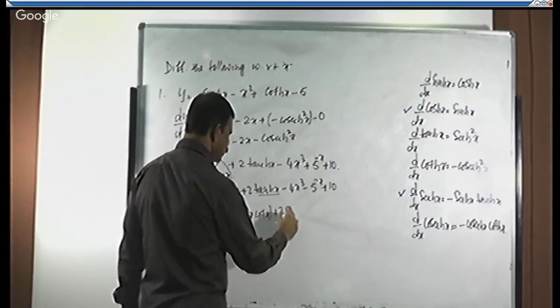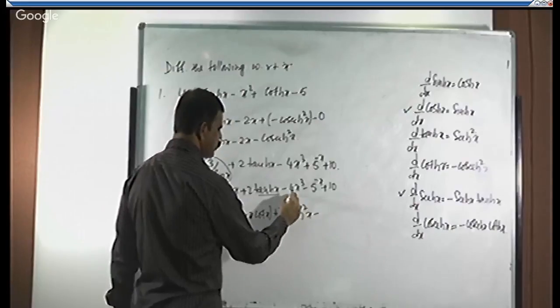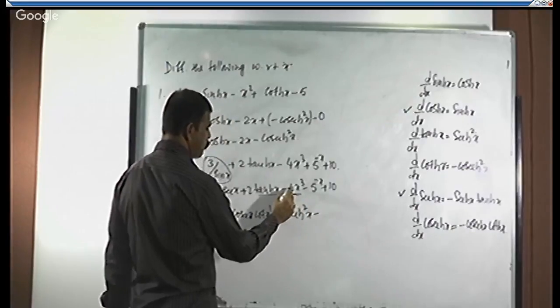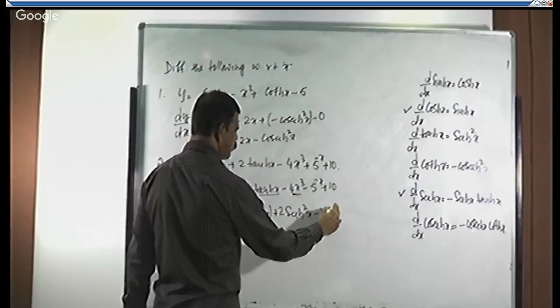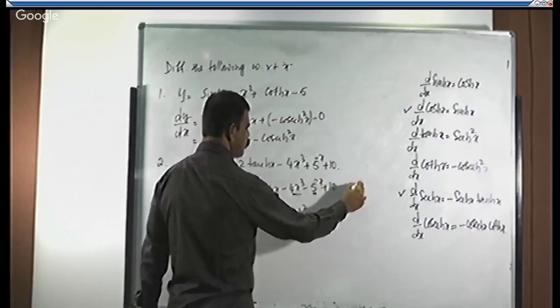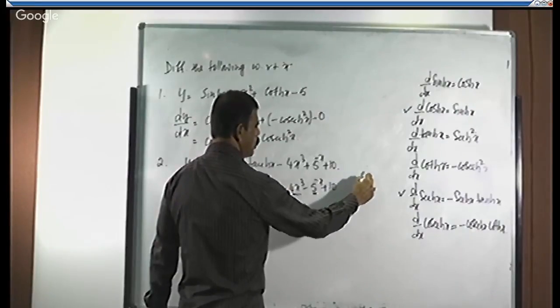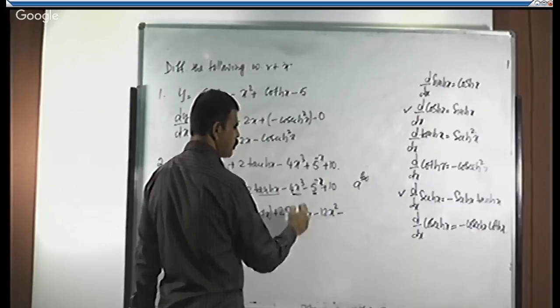Differentiation of tan hx is secant h square x, minus differentiation of 4 x cube, 4 into 3, 4 3s are 12, x to the power of 2. Minus, again it is treated as a to the power of function because of minus x.